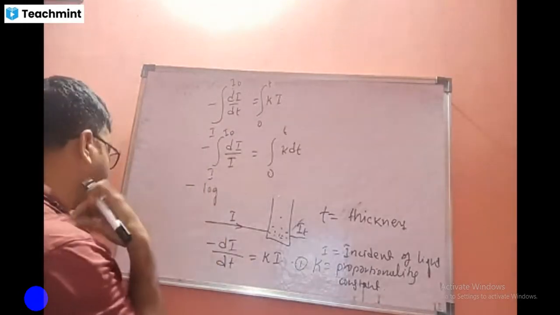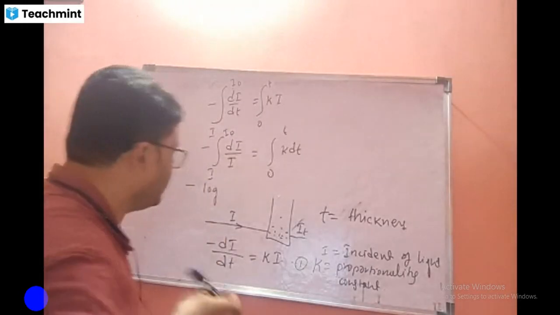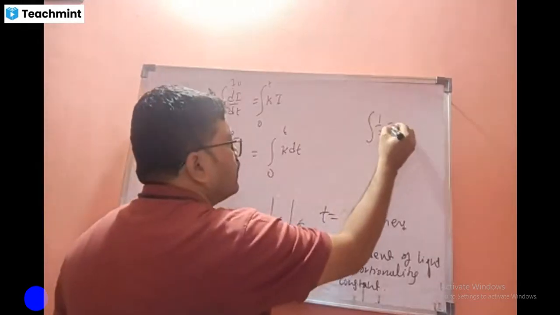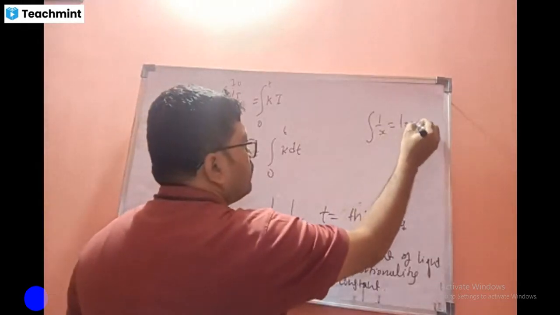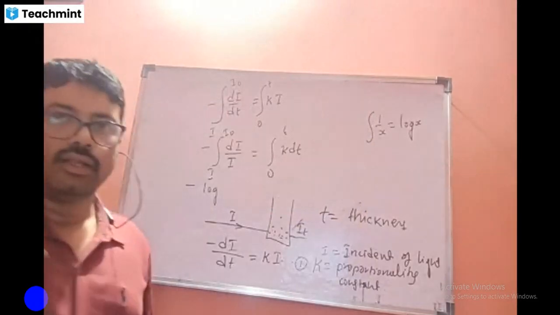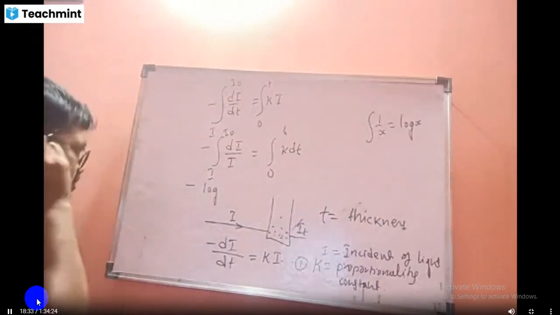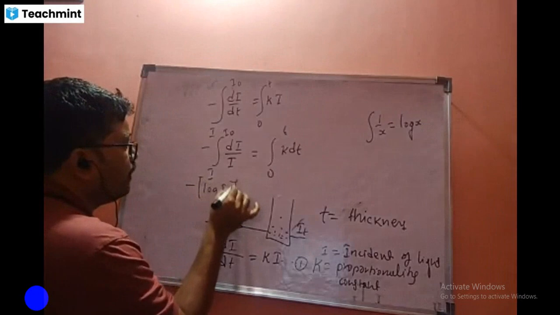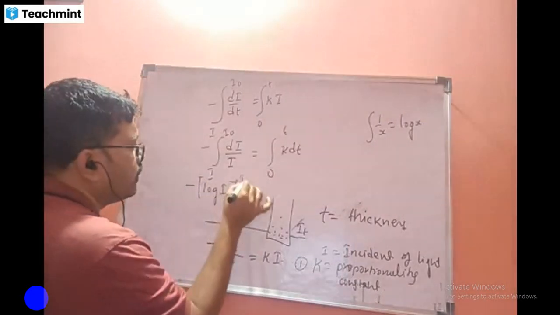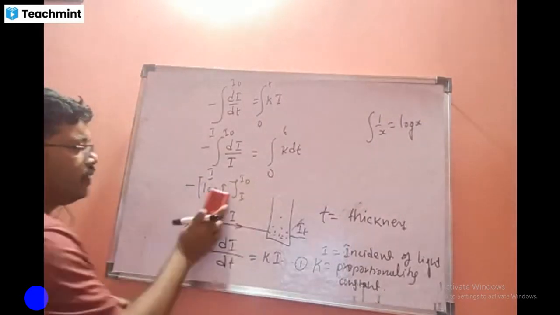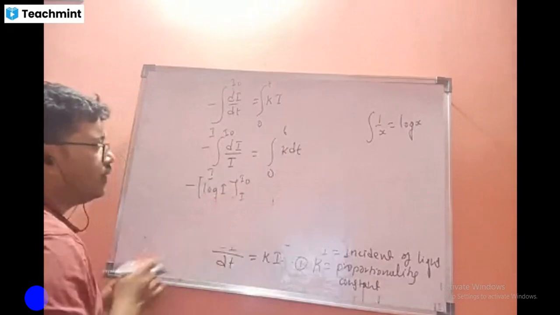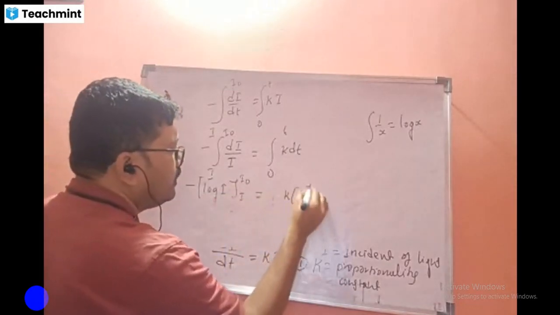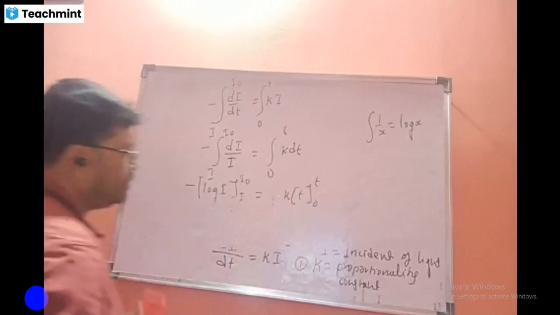What about integration of 1 by I, or 1 by x? You know this mathematics: integration of 1 by x is log x. So minus log I from I to I0 is equal to K t from 0 to t.